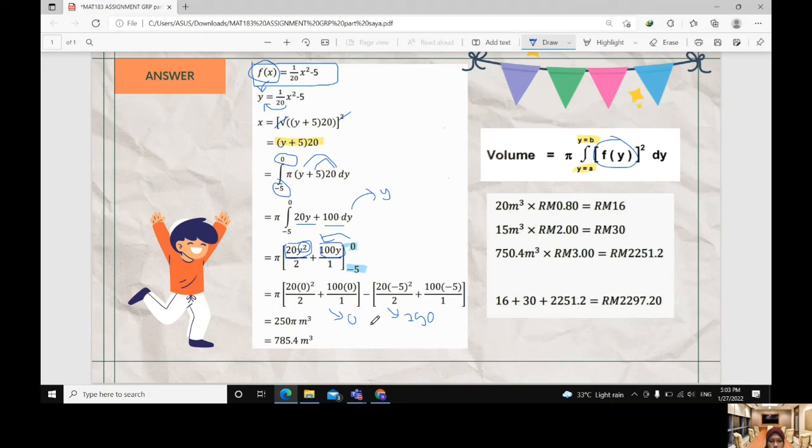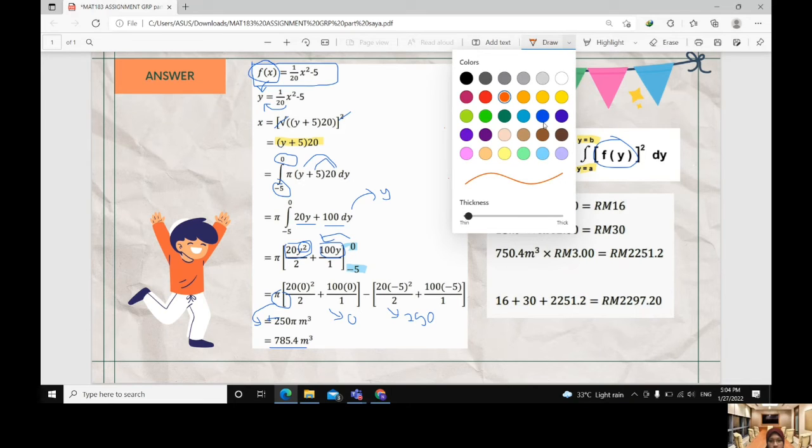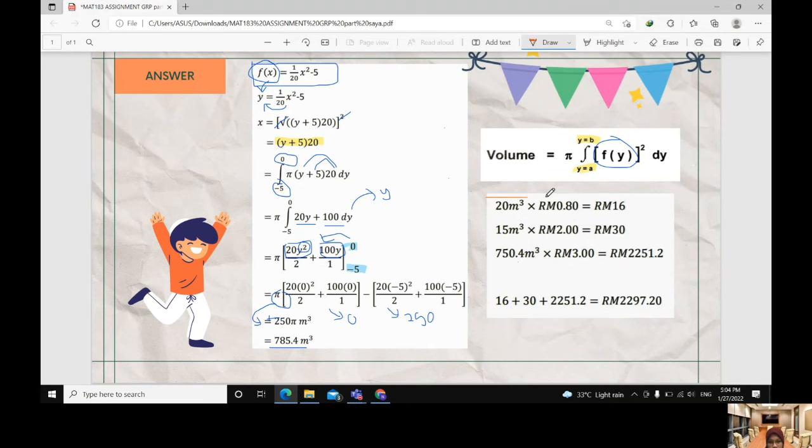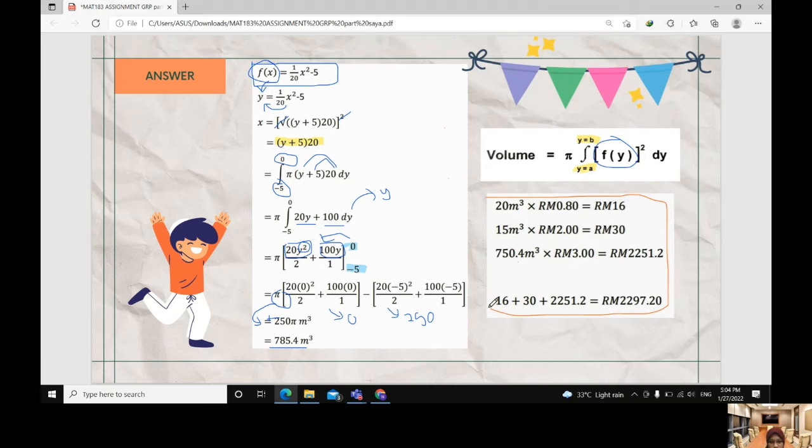Okay, if we subtract, we will get negative 250. But there is no negative for volume, so we will accept it as positive. After that, we must multiply it with pi. Then we will get 785.4 meter cube.